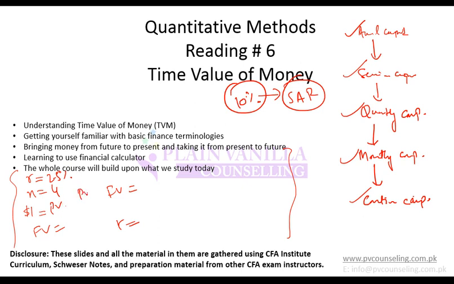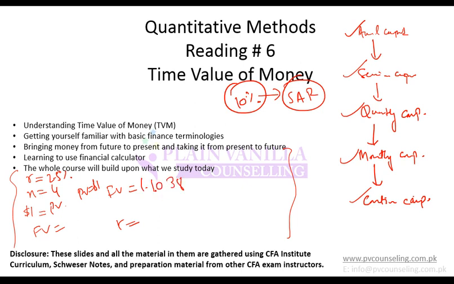You can take present value as $1. So 4 in N, then 2.5 in I/Y, and then minus 1 in PV, 0 in payment, and then you compute FV. When you compute FV, it will give you 1.1038.